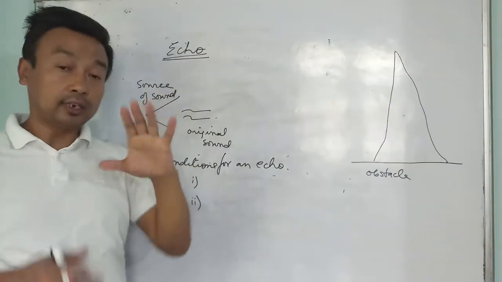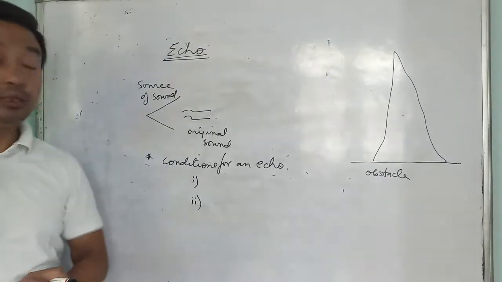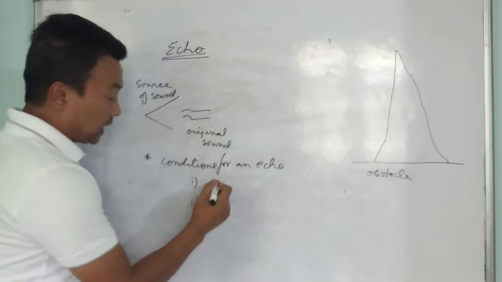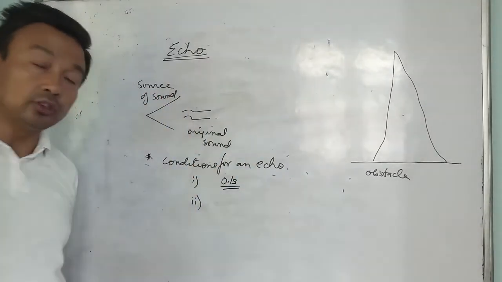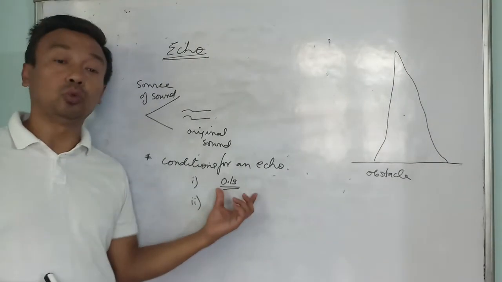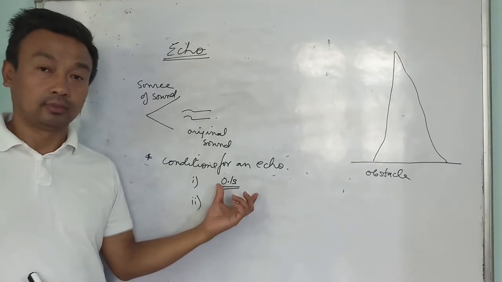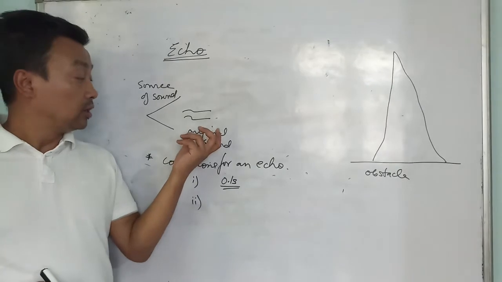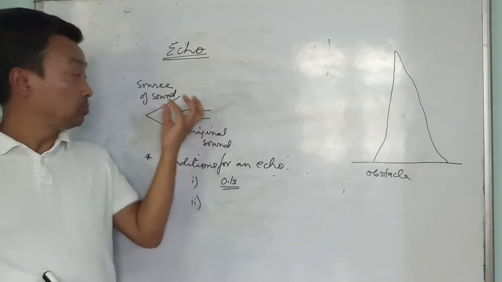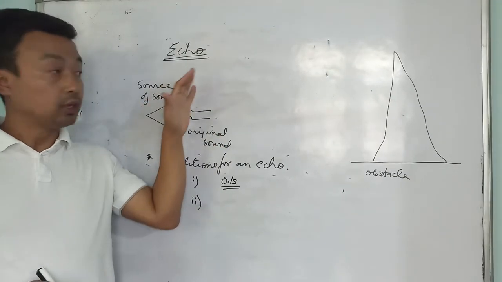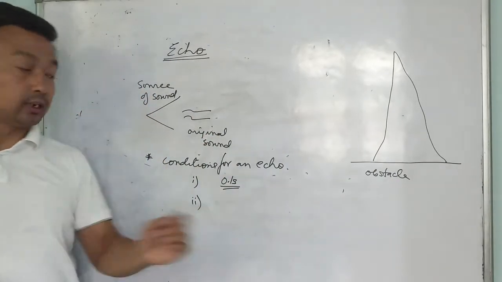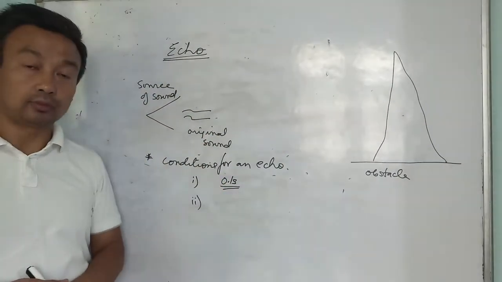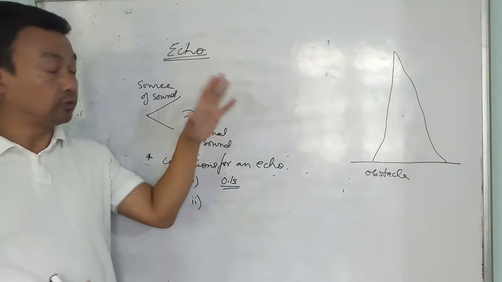The time taken should be a minimum of 0.1 seconds. That means the original sound, when produced from a source, will persist in the medium for at least 0.1 second, that is 1/10 of a second.